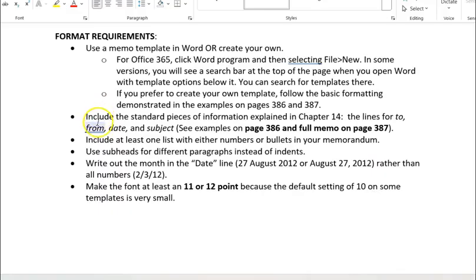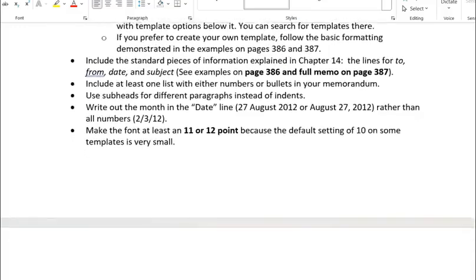So there are some other examples of what to include in terms of the formatting. All of them are very specific and point to specific page numbers if needed. And you are also welcome to email me at any point in time with any question about those formatting requirements.